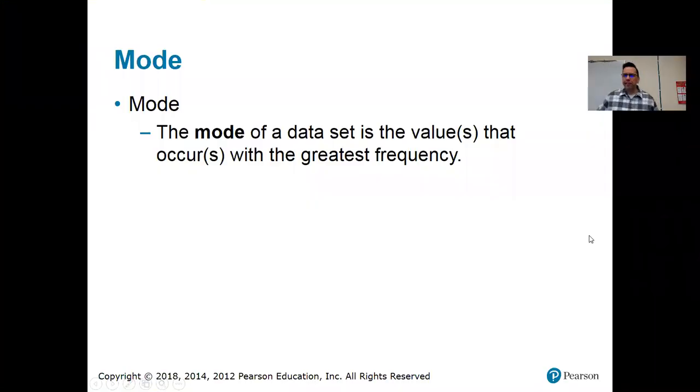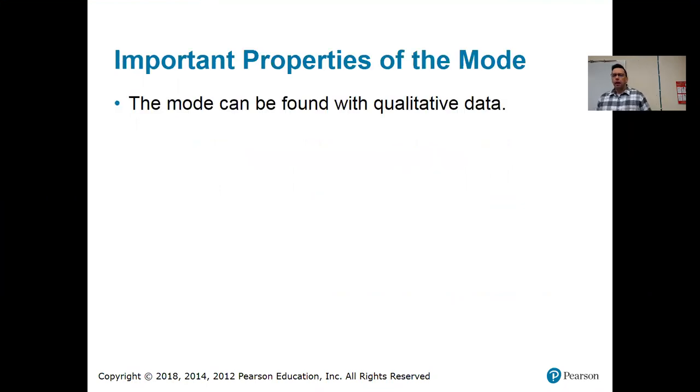Okay, that brings us to the mode. So the mode of a data set is simply the value or values that occur with the greatest frequency. Okay, the most commonly occurring values. Okay, probably to me the number one most important thing about the mode is that it can be used for qualitative data, and it's just about the only measure of center that can be used with qualitative data.